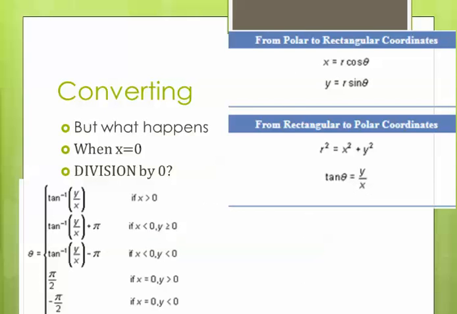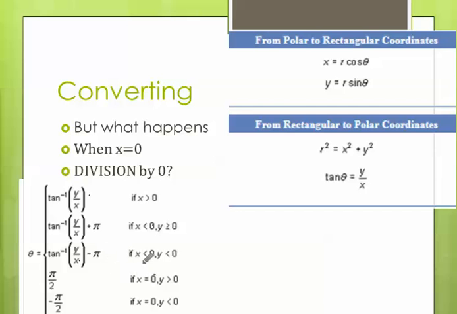We can't do that. So what we have is, if x is greater than 0, we take the inverse tangent. If x is less than 0 and y is greater than or equal to 0, we take the inverse tangent of y divided by x plus pi. Okay? If x is less than 0 and y is less than 0, we're going to take the inverse tangent of y divided by x minus pi.